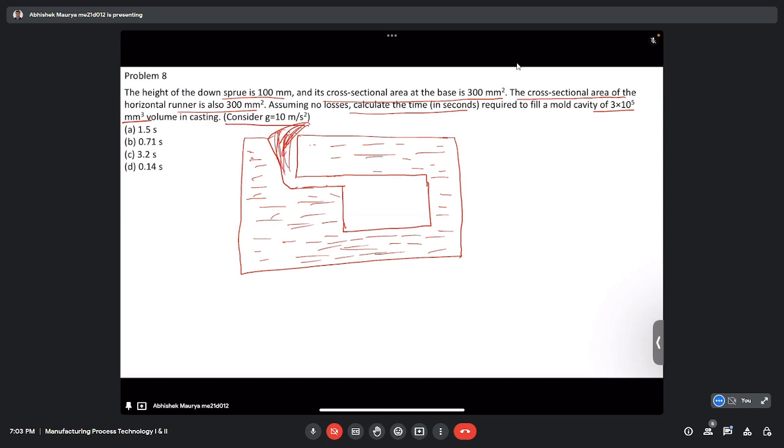So what is given? The height of the sprue is 100 mm. So this height is 100 mm, and the cross sectional area at the base is 300 mm square. So this area is 300 mm square, and the cross sectional area of the horizontal runner. So this is the runner.